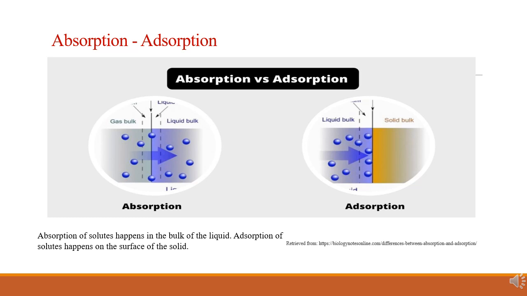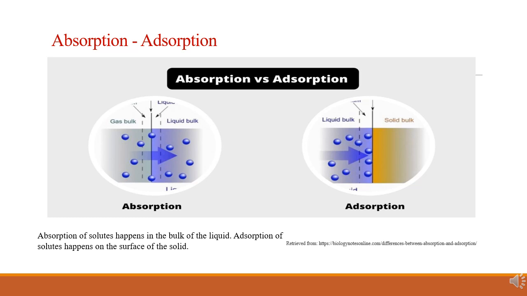What about absorption? Absorption refers to the process in which one substance is taken up by another substance and diffuses into the bulk of the absorbent material. In absorption, the absorbed substance becomes uniformly distributed throughout the absorbing material.